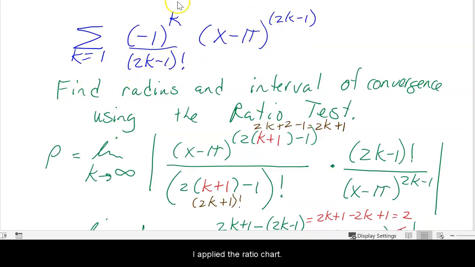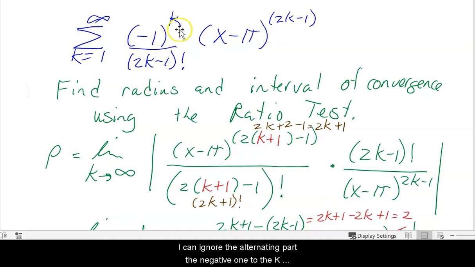I applied the ratio test to the sequence formed inside of the infinite series. And again, this is a series that's going to infinity. I can ignore the alternating part, the negative 1 to the k, but not anything else. I wrote a sub k plus 1 as the first fraction, and the reciprocal of a sub k as the second.